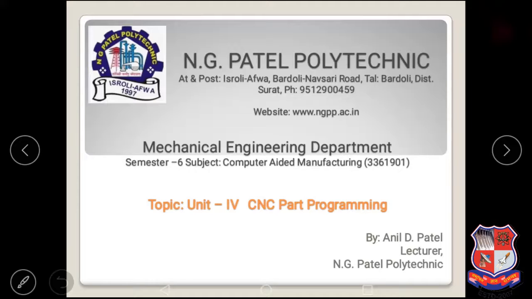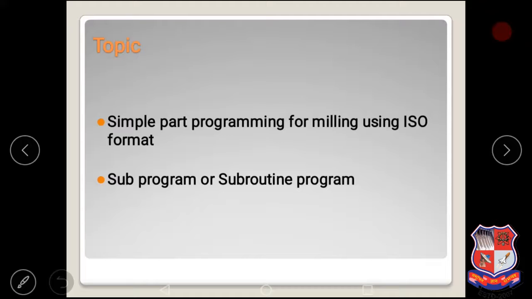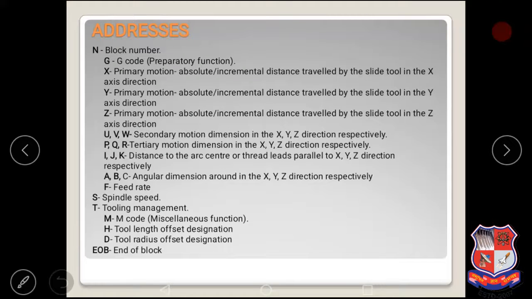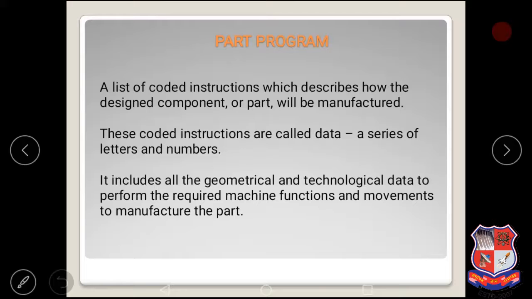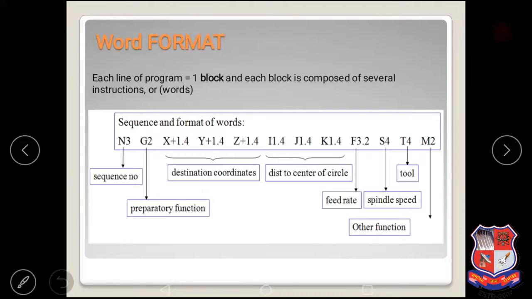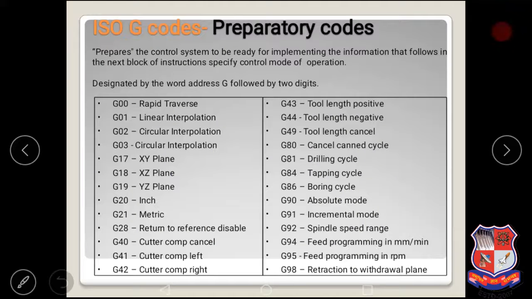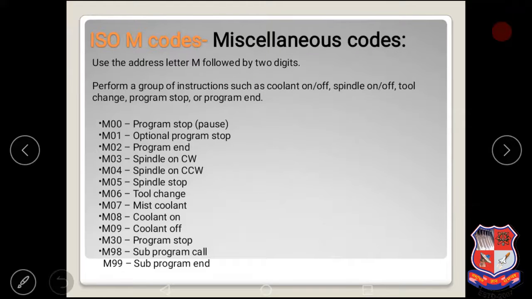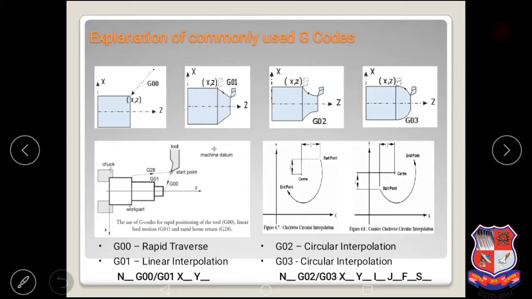In our previous lecture, we discussed a lot about word addresses, word format, part program, how to write a program, and what kind of codes are used, G code, M code, as well as the explanation of some common, simple commands to prepare the milling part with the help of linear and circular interpolation.